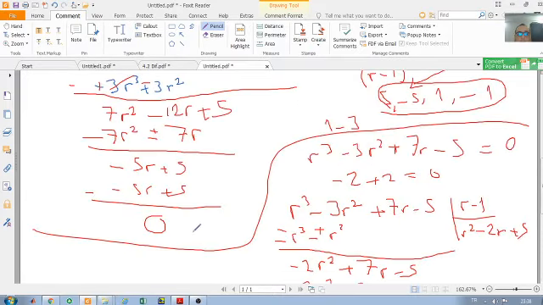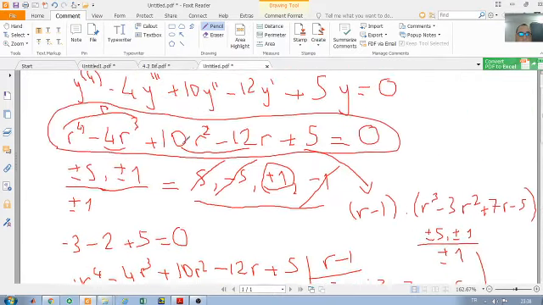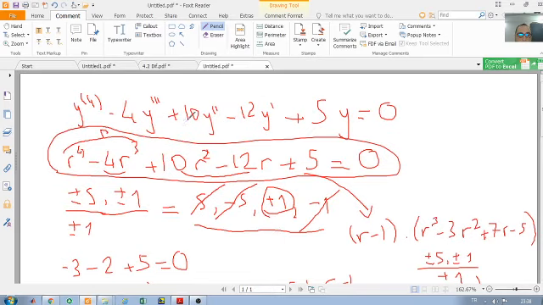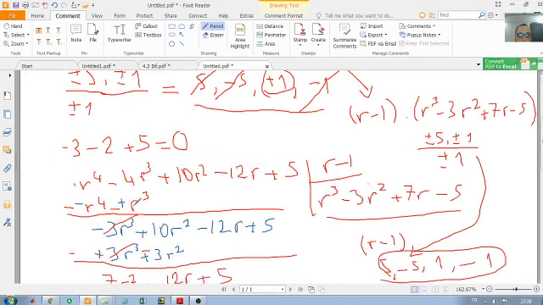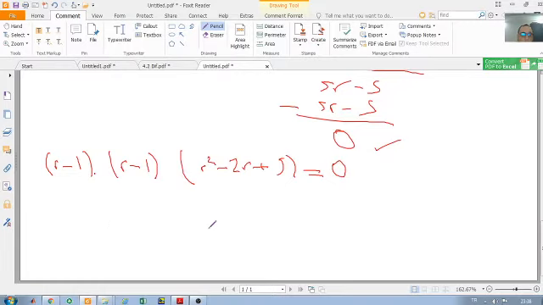Okay, this is the characteristic equation of the differential equation. So what are the roots? We have 1 as a root, which is repeated 2 times. Okay, r1,2 = 1 has multiplicity 2.